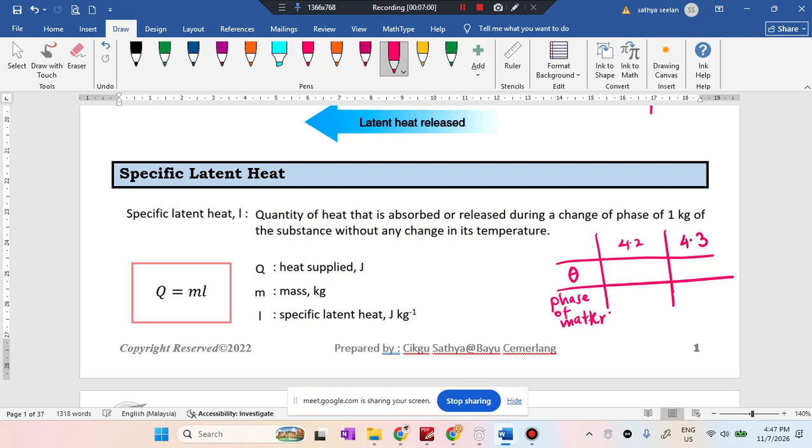So what we can sum up from 4.2 and 4.3: in 4.2, your temperature changes, right? But the phase of matter is constant. It does not involve a change of matter. They never talk about the conversion of solid to liquid, liquid to gas.